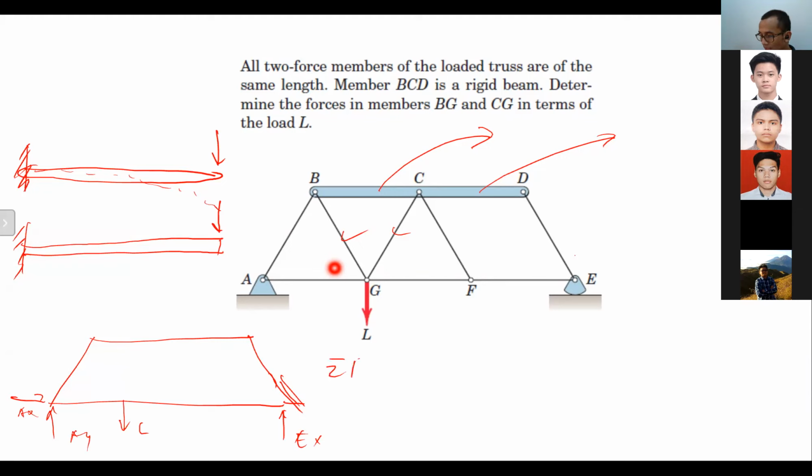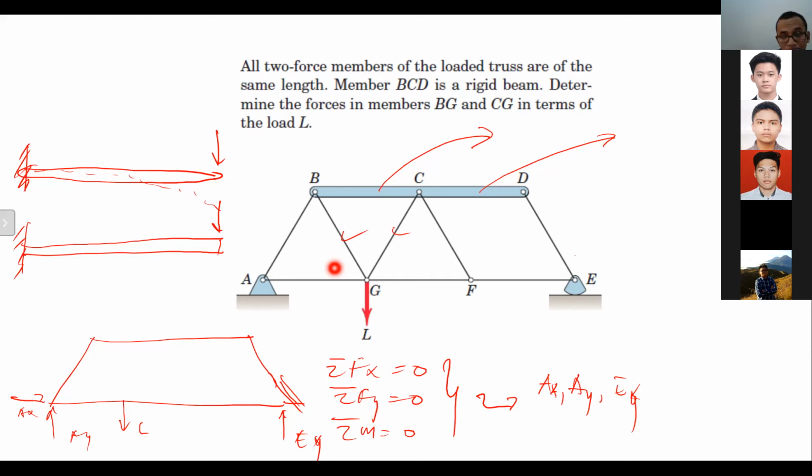Using sigma Fx equal to 0, sigma Fy equal to 0, and sigma moment equal to 0, we will be able to get Ax, Ay, and Ey, because it's a roller.